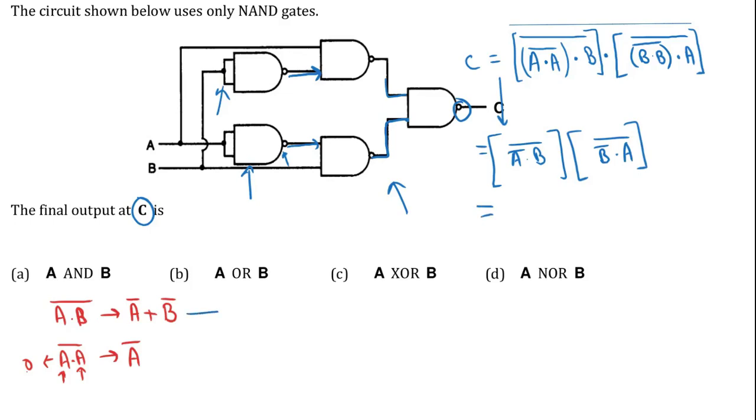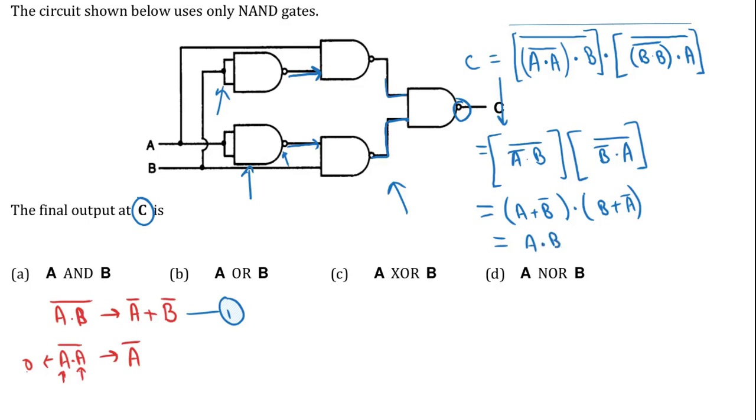So again, using this rule, let me call it rule number 1, what I have here is A plus B bar dot B plus A bar. And now I can use the distributive property that is very common in normal algebra.